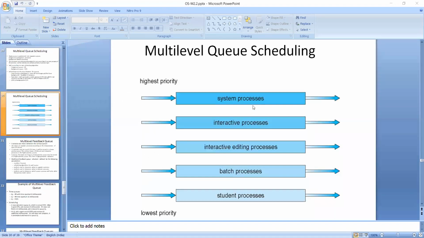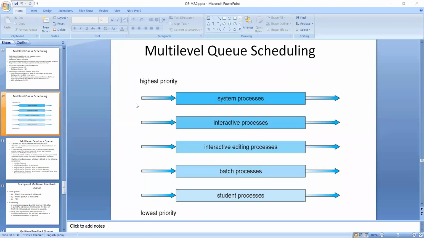Here we have multiple queues. In this example, you can see the multi-level queue scheduling algorithm has five queues: system processes in one queue, interactive processes in another, interactive editing processes in another, batch processes in another, and student processes in the last.